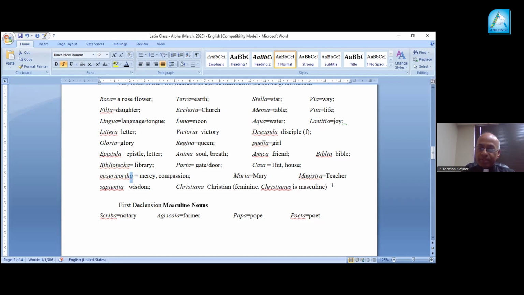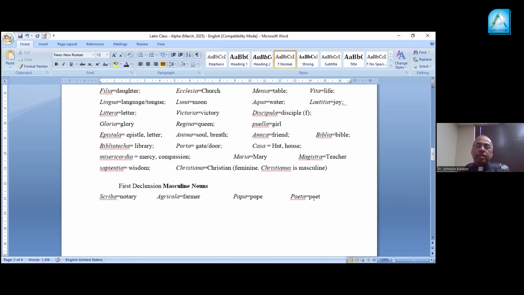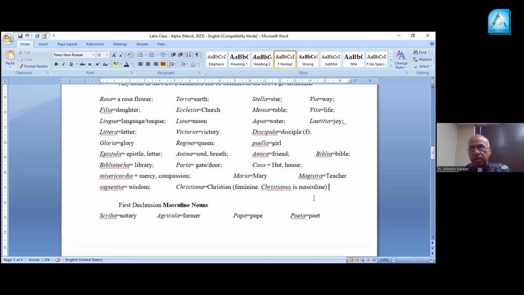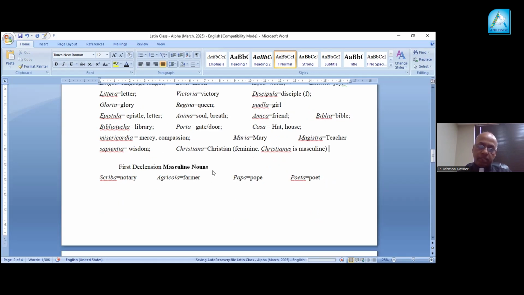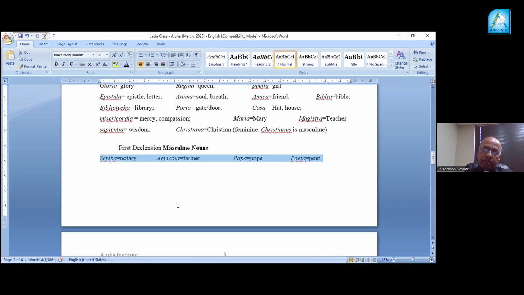Since you are MDH students, I would like to teach the second declension also. All these were simply feminine. I said it is mostly feminine, but there are some masculine nouns in the same format as the first declension, because they end in the letter A. Scriba means notary.